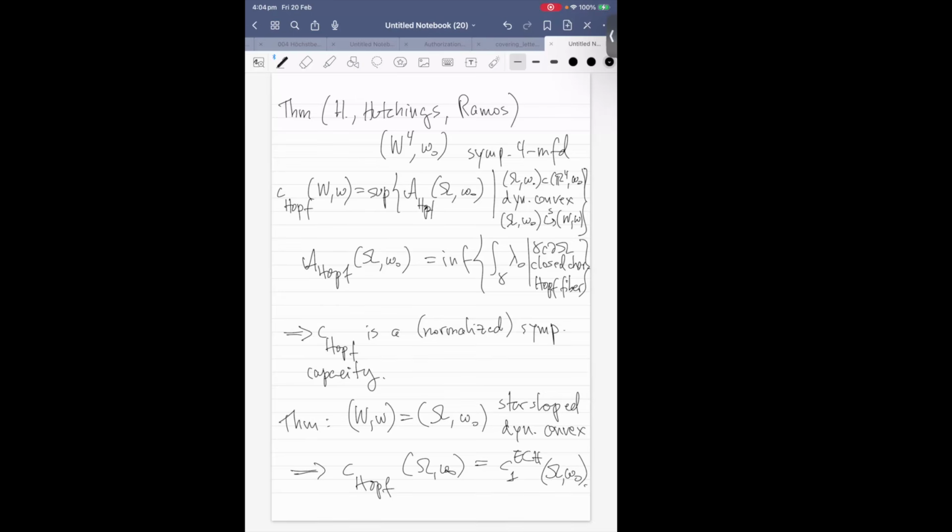So what's interesting about this is that one can prove this is a capacity without using any Seiberg-Witten theory. That's a purely holomorphic curves proof. And having this capacity, one then checks that it's equal to the first ECH capacity. But then this means what? This means that we now can get the ECH capacity without any Seiberg-Witten theory. One can really establish this and have a somewhat satisfactory, purely symplectic explanation of what the first ECH capacity means.